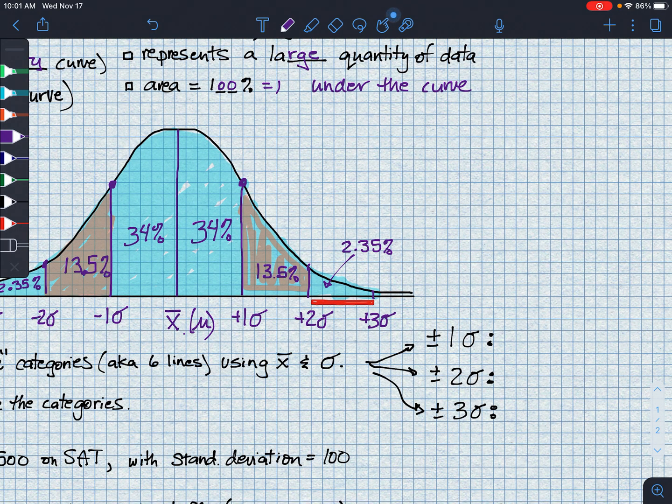Now, if I add those up, how much data is encompassed in the first standard deviation? Well, 34 and 34 is 68%.